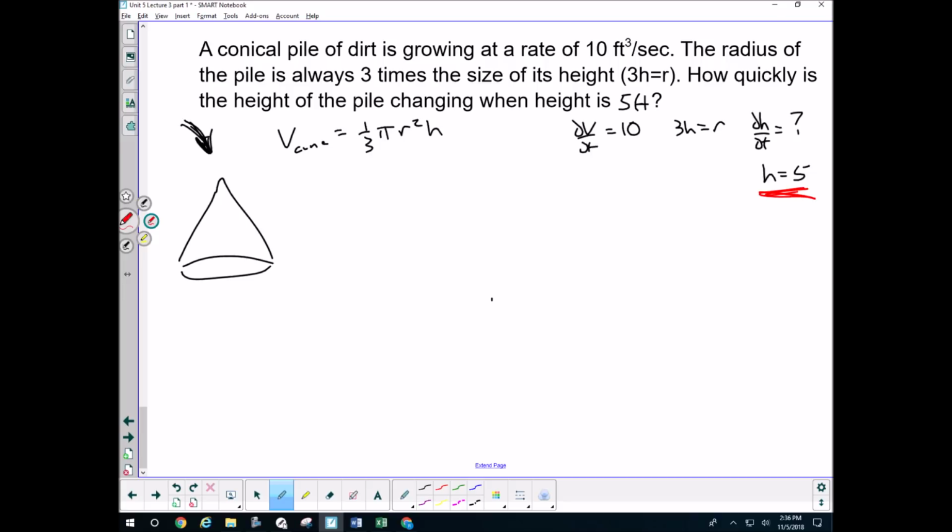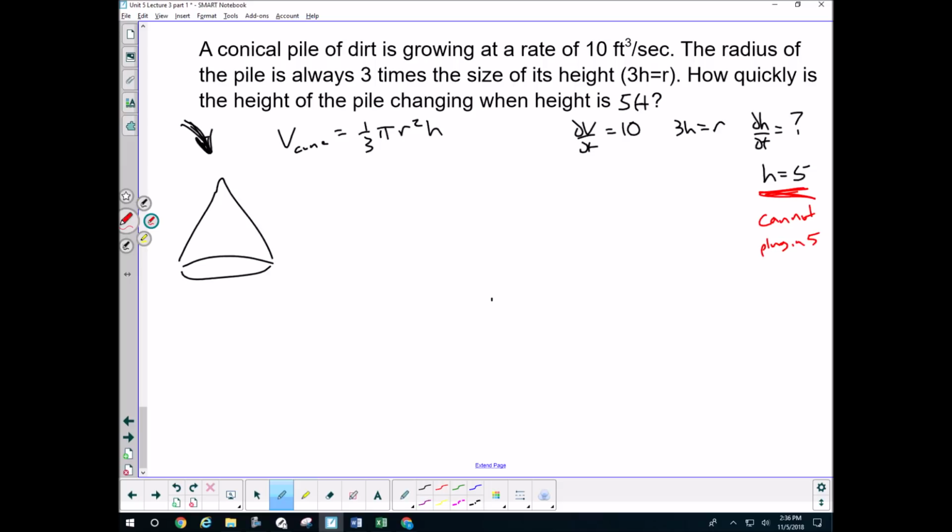No is the correct answer. As dirt is getting poured onto this conical pile, it's growing in its height. It's growing in its radius. So I cannot plug in 5. We want to, because we just did it on the previous questions, but I can't in this situation.